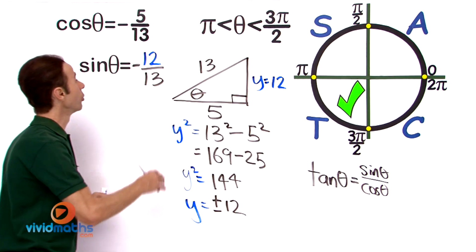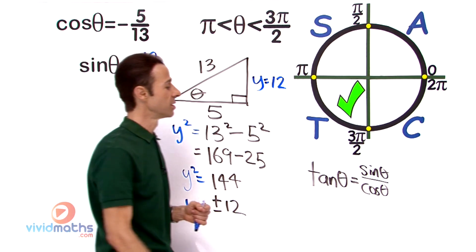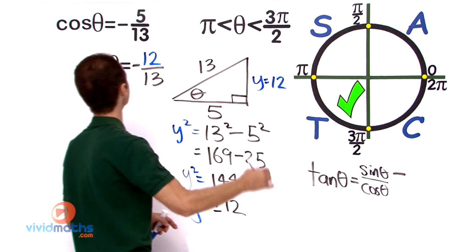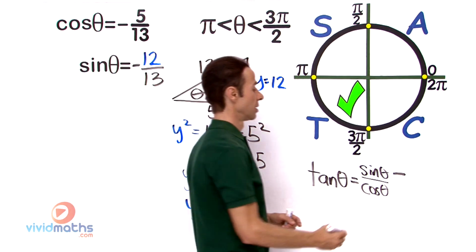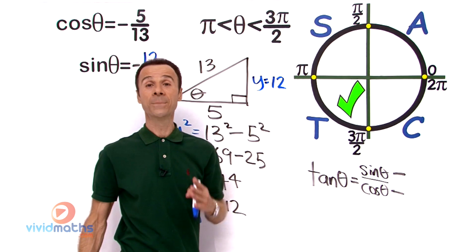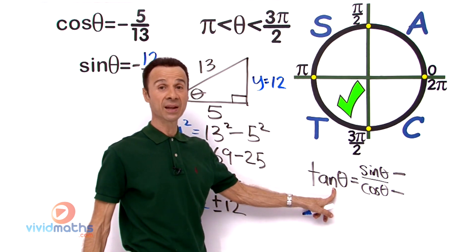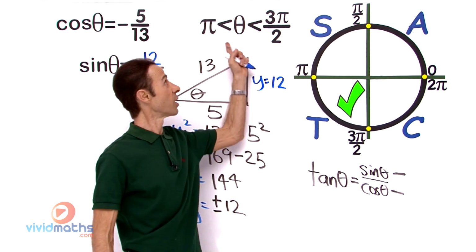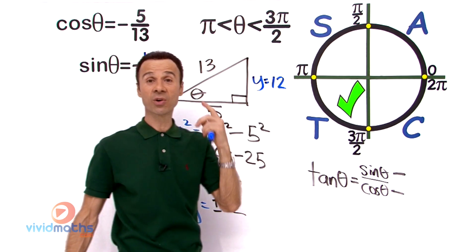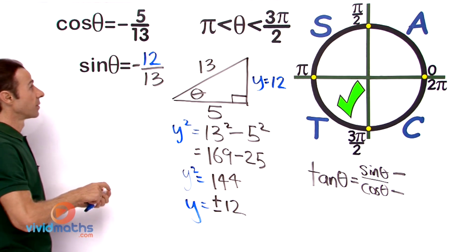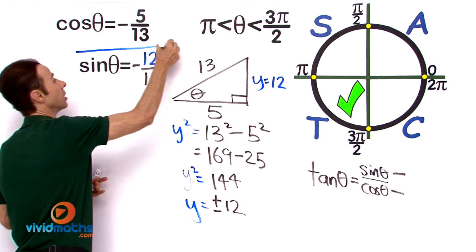Well, we worked out sine is negative. So if sine is negative, what's cosine? Cosine is also negative. So if we divide a negative by a negative, we end up with a positive tan. Is tan positive? Yes, it is. Have a look, it's ticked right there. It's right in the criteria. So clearly we're correct again as a check. Sine theta equals negative 12 on 13.